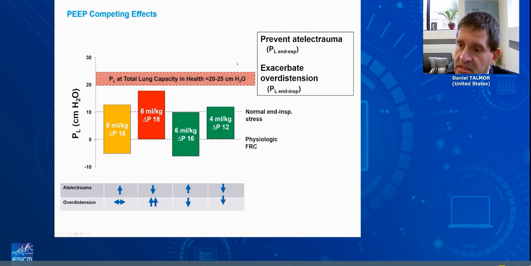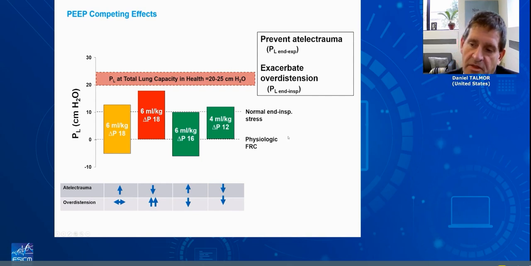And I think this is the next direction we will be going, of using the end inspiratory transpulmonary pressure to titrate tidal volume, setting an adequate level of PEEP for a positive end expiratory pressure and a lower level of transpulmonary pressure at end inspiration by limiting tidal volume, with the goal of limiting the driving pressure in the patient.